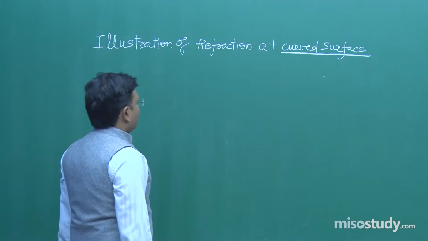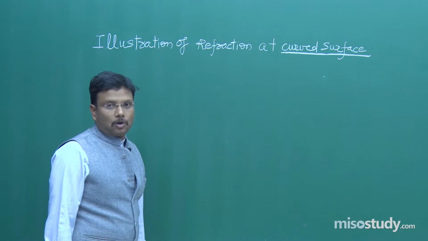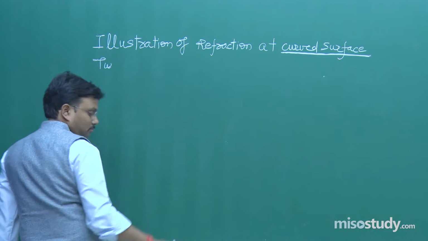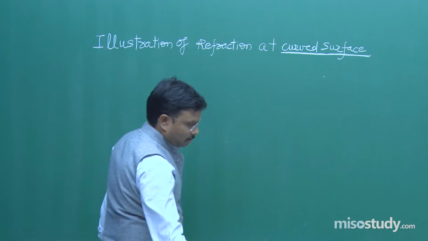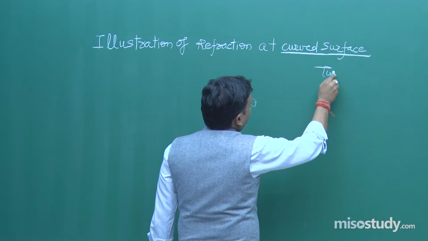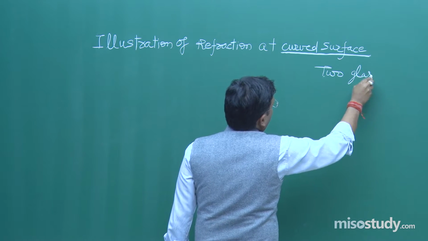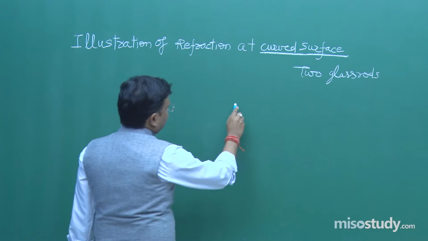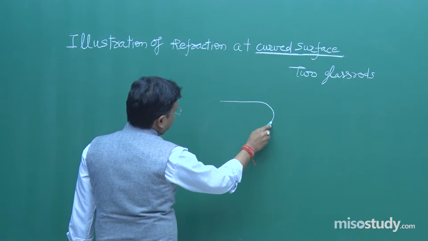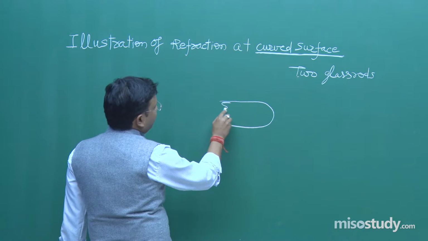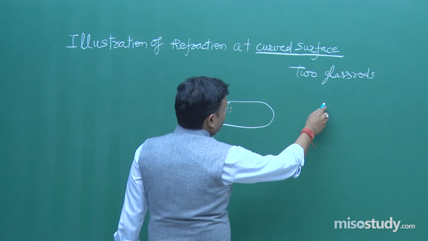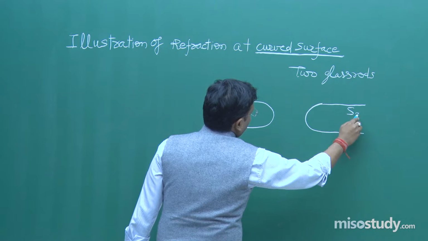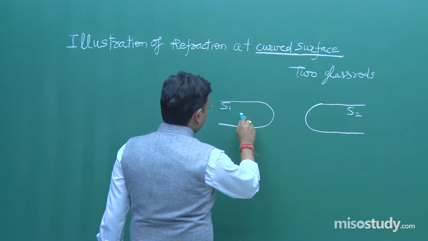Let us say I have two glass rods, arranged in this fashion: rod S1 and rod S2.